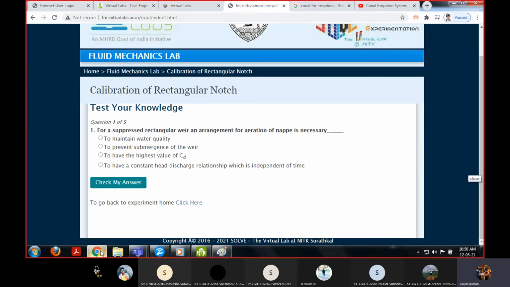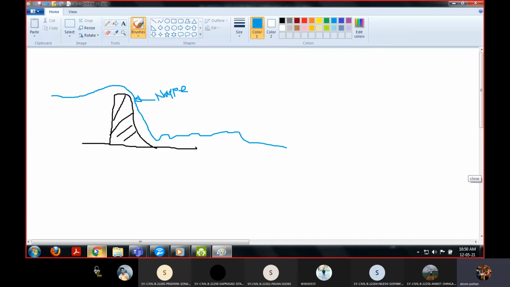So for a rectangular weir, an arrangement for aeration of nappe. Aeration means this water jet is in contact with the atmospheric air. एरिएशन म्हणजे काय, त्याला चांगली हवा भेटायला पाहिजे.